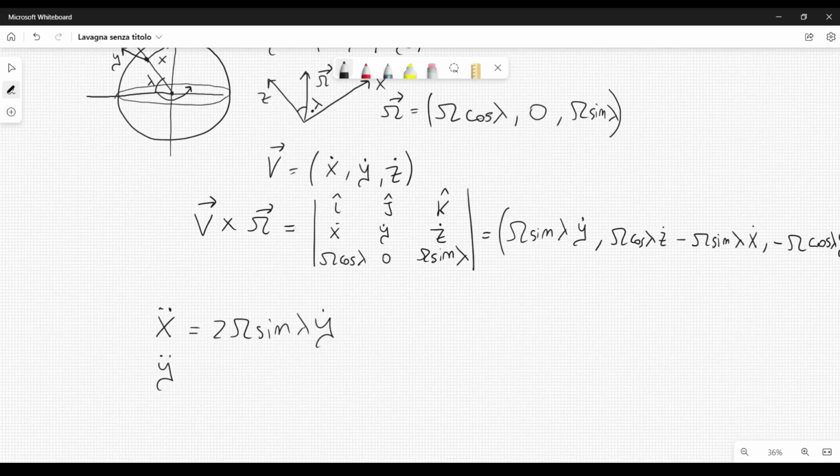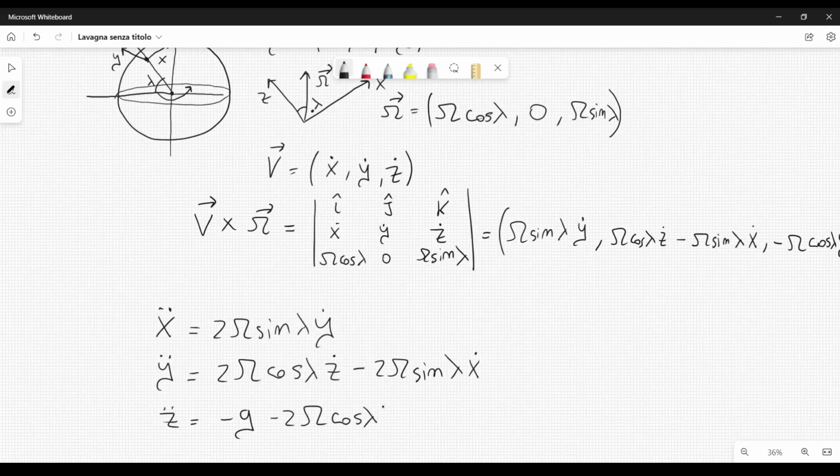Then we have y double dot equal to 2 omega cosine lambda z dot minus 2 omega sine lambda x dot. Then we have z double dot equal to minus g minus 2 omega cosine lambda y dot.